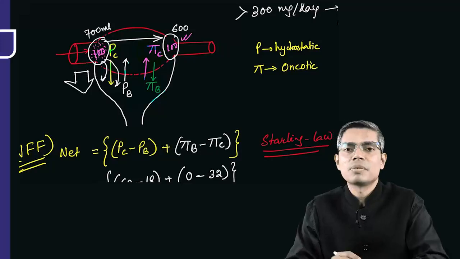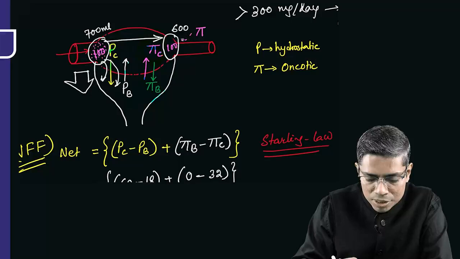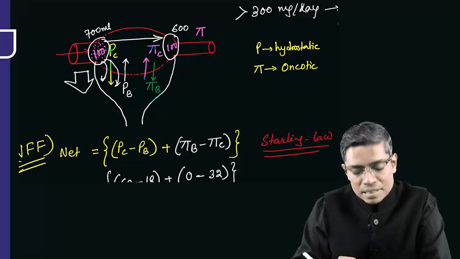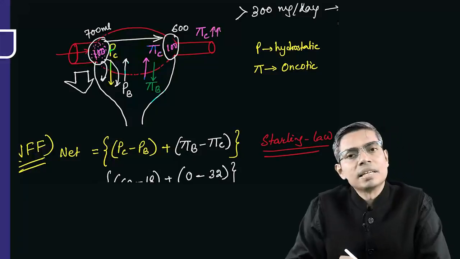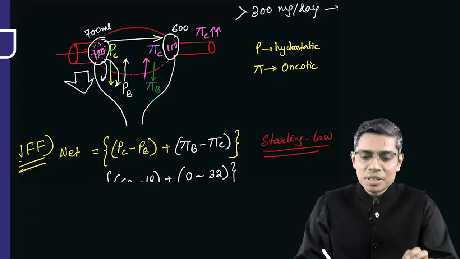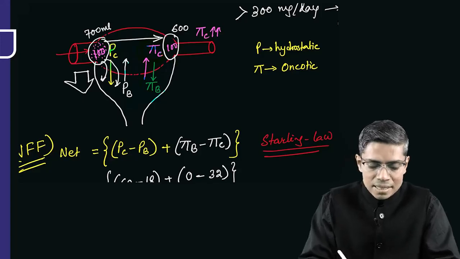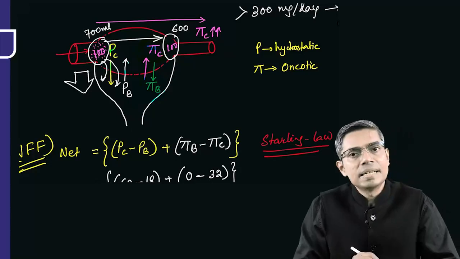If the concentration of albumin is increasing, the oncotic pressure of the capillary will increase towards the efferent end. So oncotic pressure of the capillary is increasing from the afferent end towards the efferent end.